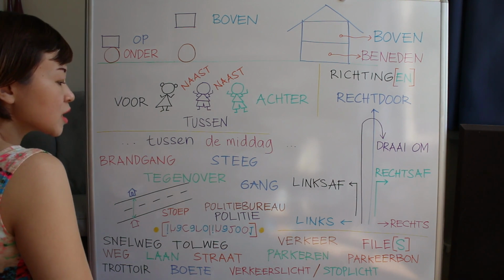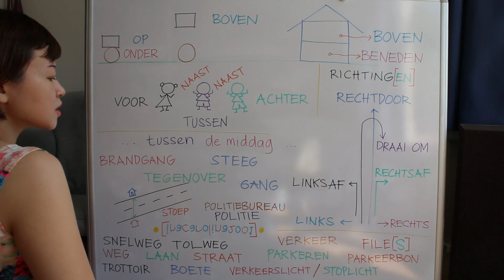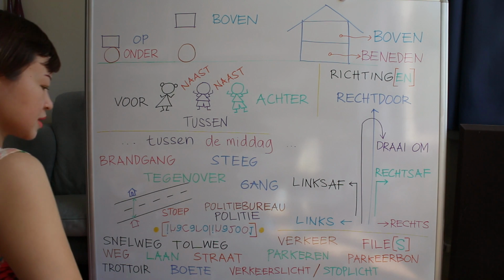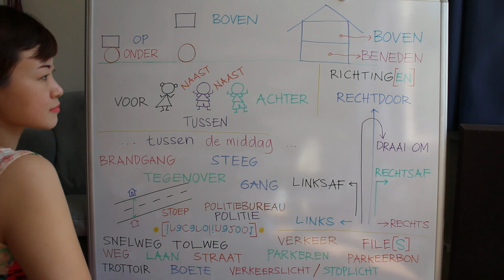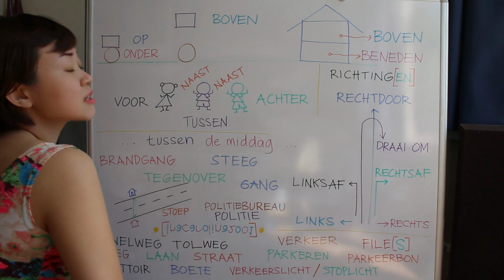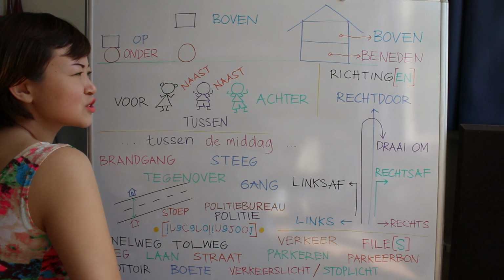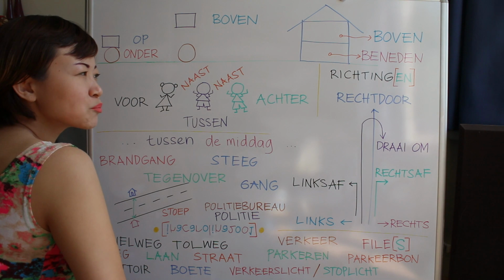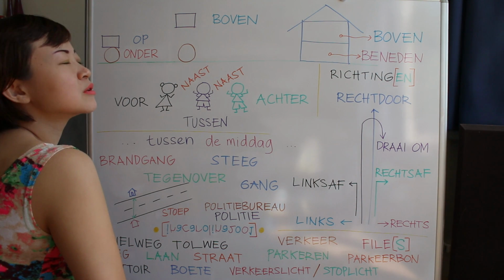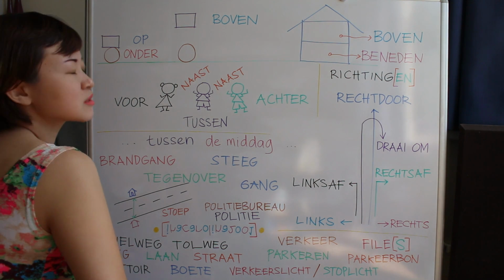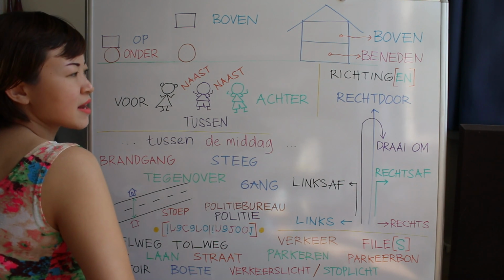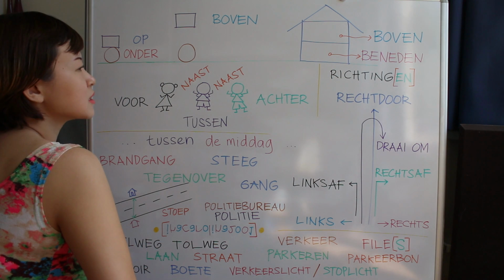When we have to say police office, politiebureau. One word. Richting, direction. More than one, plural, directions: richtingen. We add the en.